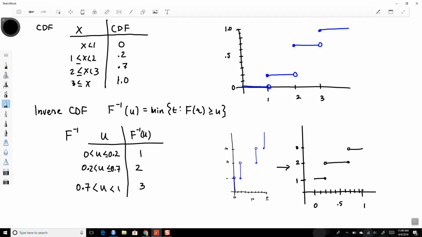That's because of this minimum operator, because the inverse really only needs to worry about mapping values in the range 0 to 1. So this is the inverse CDF.